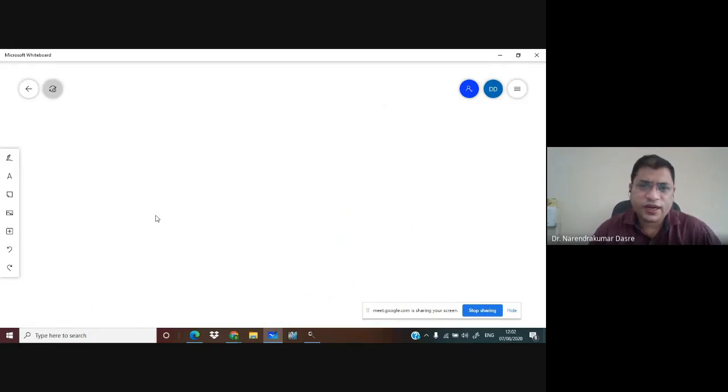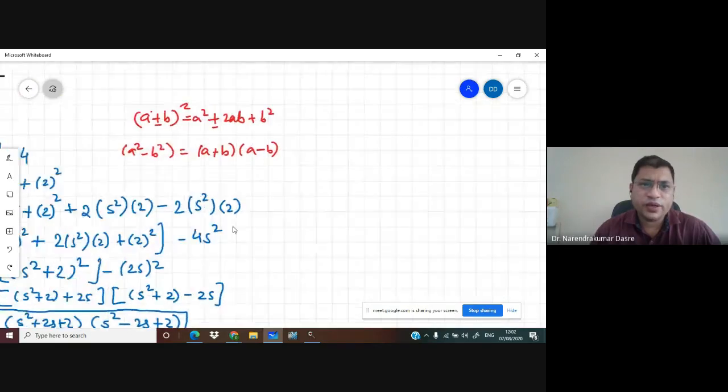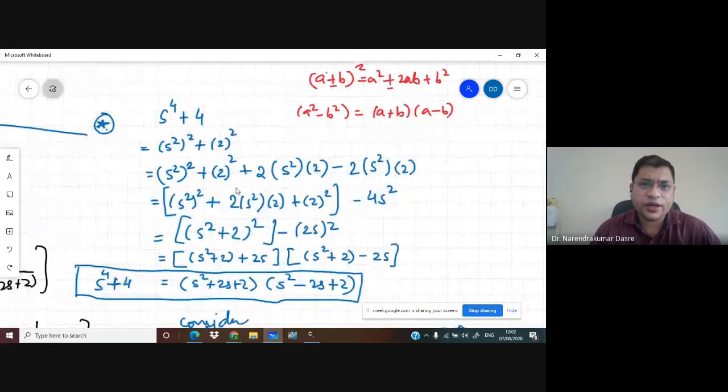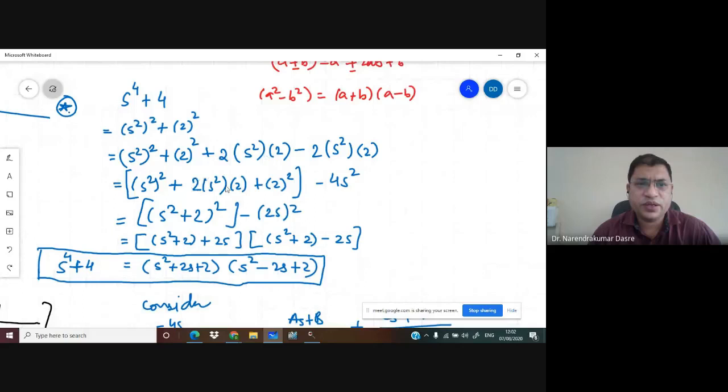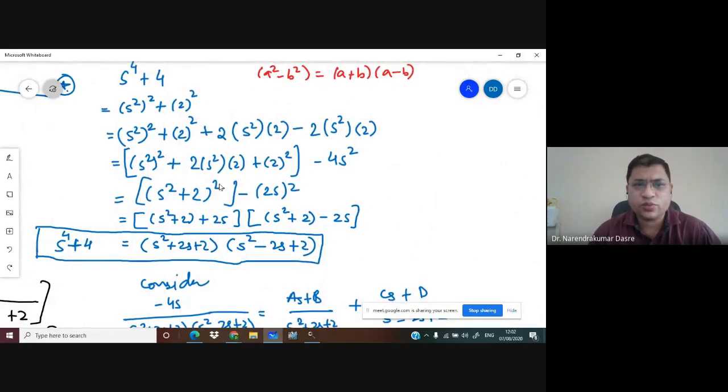So if I add plus 2ab and then we get this minus 2ab, this becomes the perfect square, and hence we get s square plus 2 bracket square. And this term, if we simplify, it will be 4s square. So 4s square is 2s bracket square.